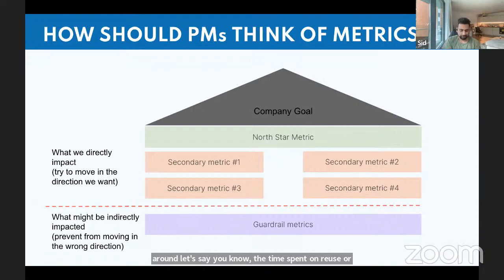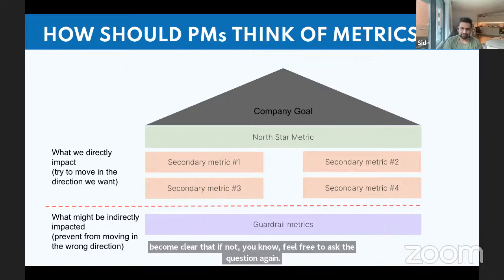So North Star will be very, very closely measuring the company goal, but it will also have some flavor of the product. That is why it is really critical to have it, because if you don't have it, then the vision is usually vague, and it's very hard to measure it. So again, when we go through the example, hopefully it will become clearer. If not, feel free to ask the question again.